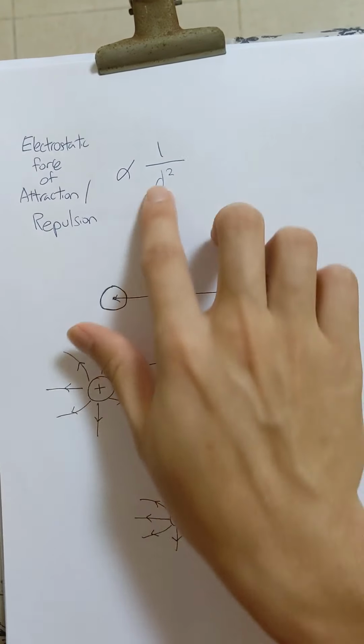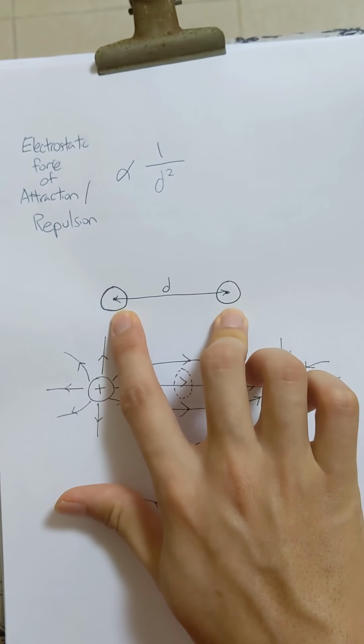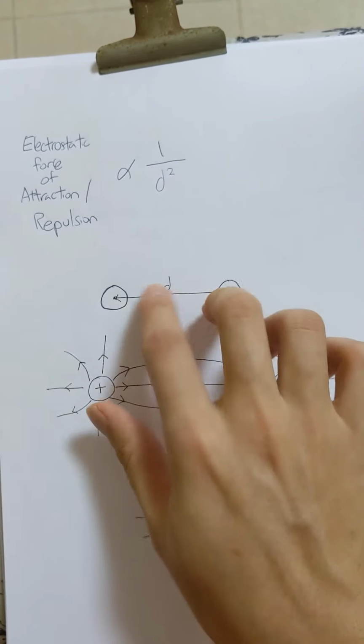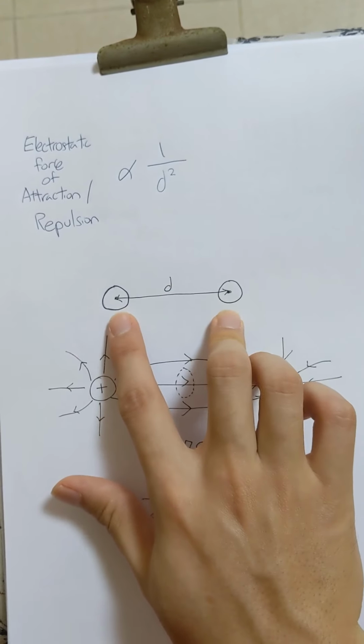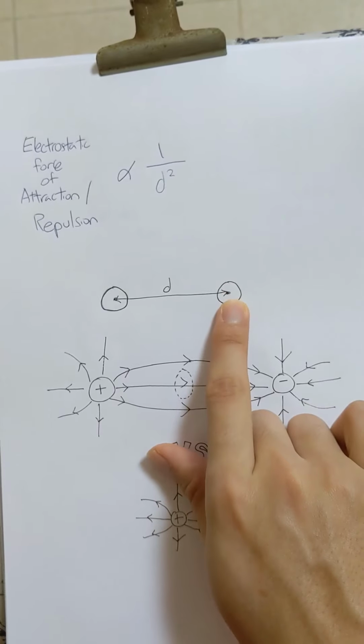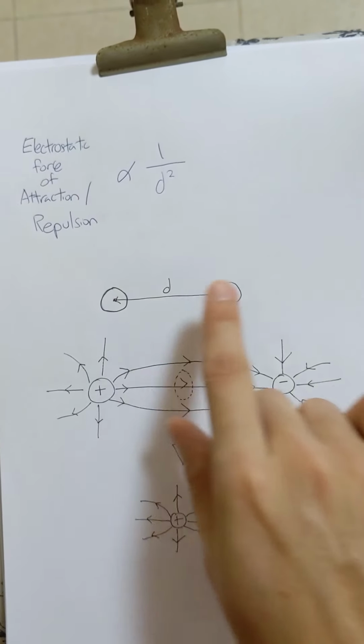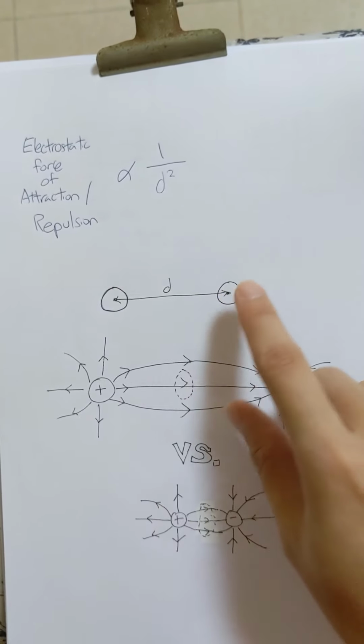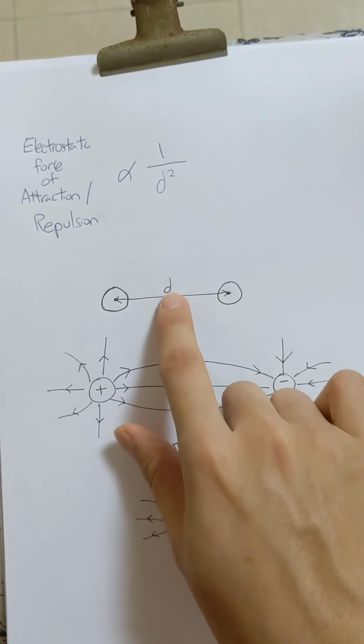The distance between the center of the point charges, if you square it, gives how strong that force is. And where do we measure this d, this spacing between them? It must be measured from the center of the point charge to the center of the second point charge that you have. So this is the distance d.